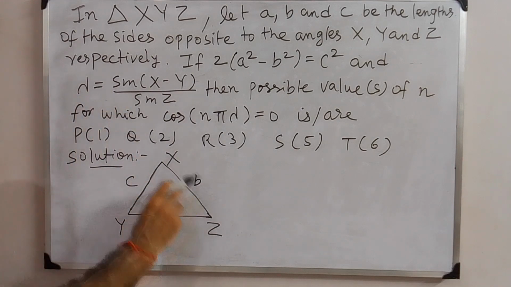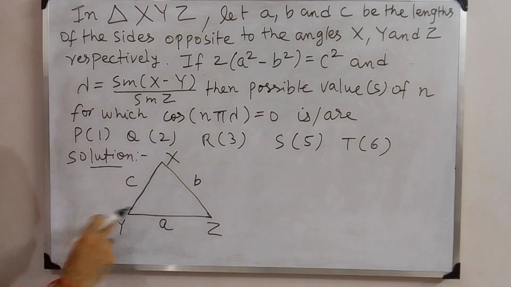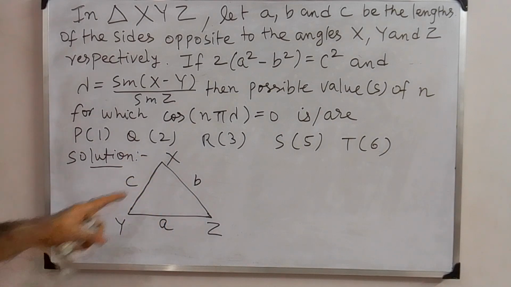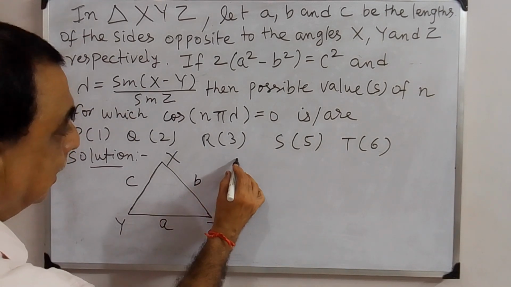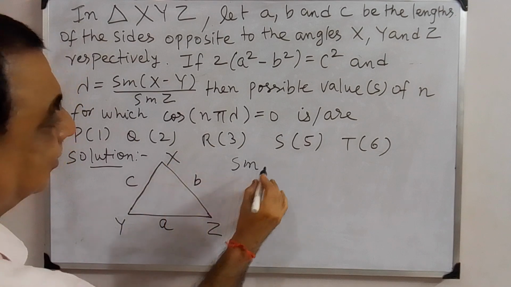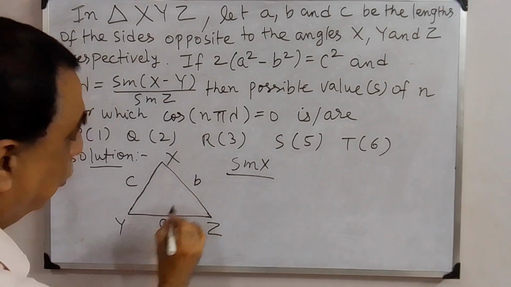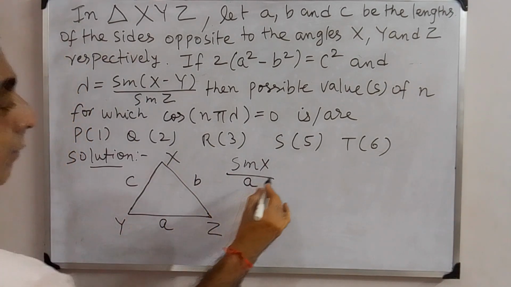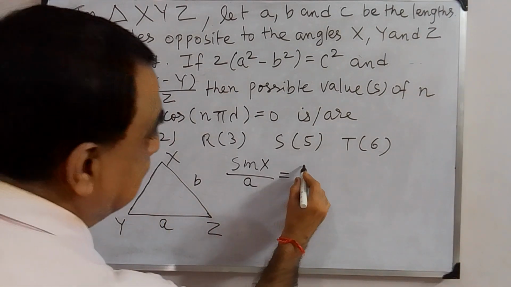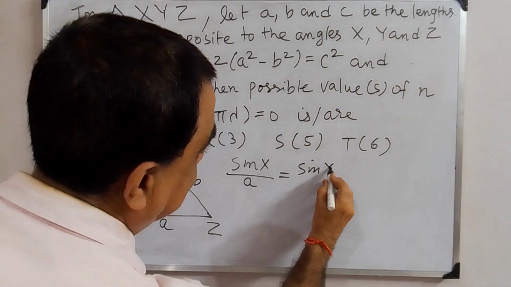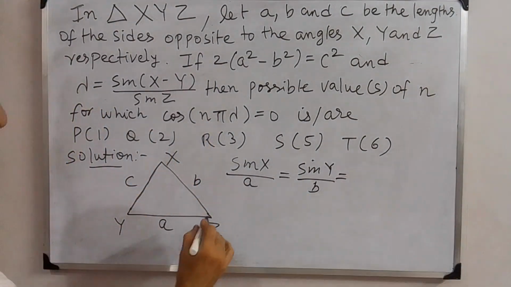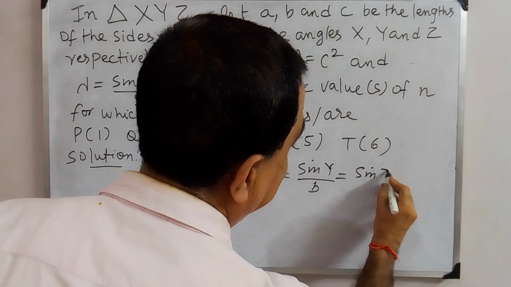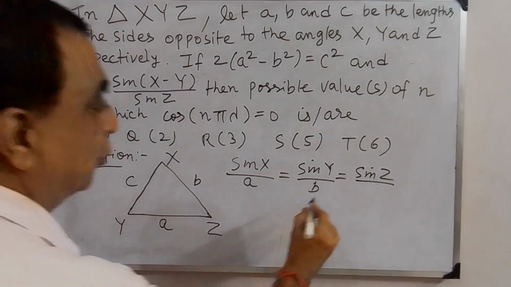Now see here, from here we are getting a relation between the sides of the triangle and the sine of the vertex angle. That is called the sine rule. Sine X divided by the opposite side a is equal to sine Y divided by the opposite side b is equal to sine Z divided by the opposite side c.